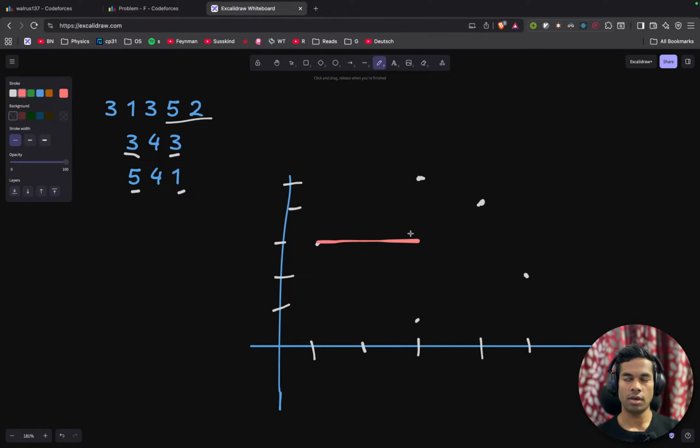Then now we have a decision, either we go up or we go down. Which point to go to? We go up, then we will have to go down, and then we will have to move up.